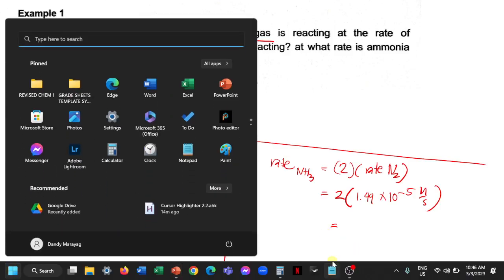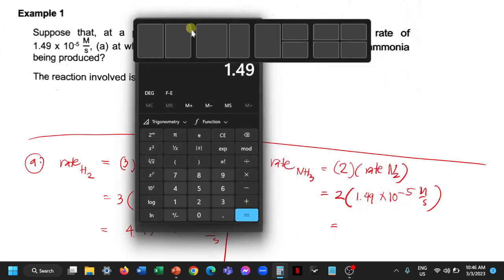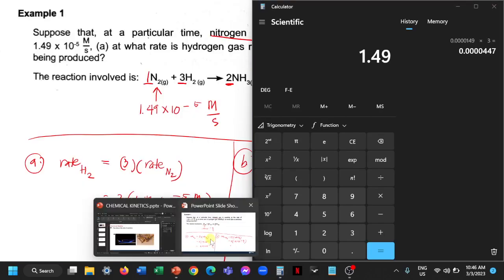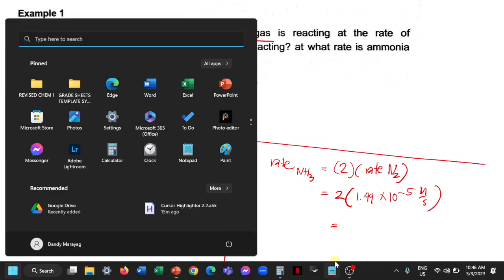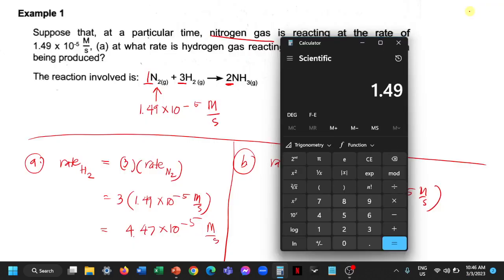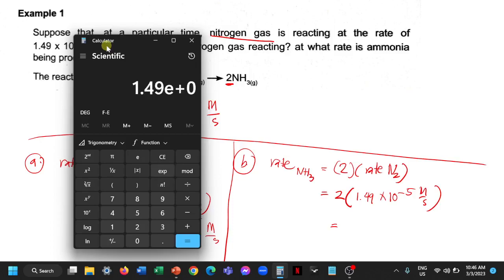So again, that's 1.49 times 10 to the power of negative 5 times 2.